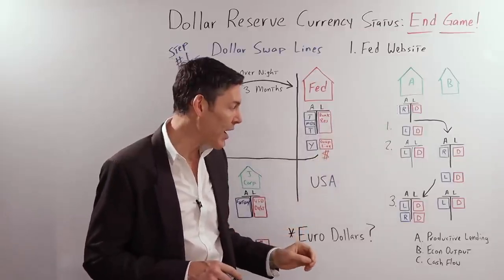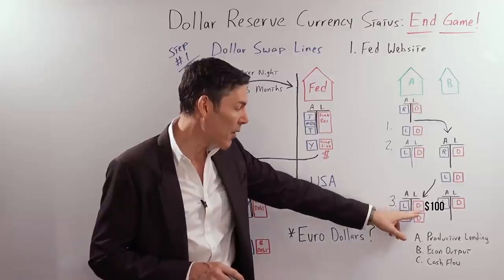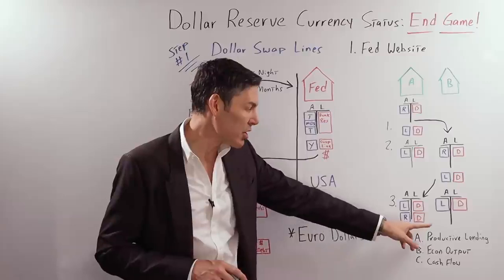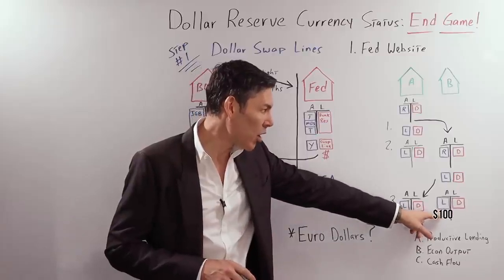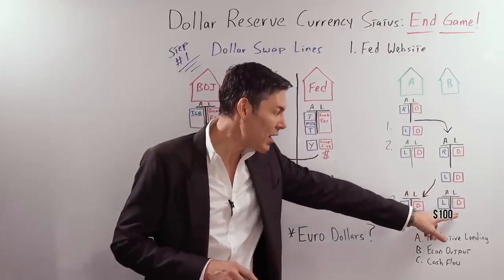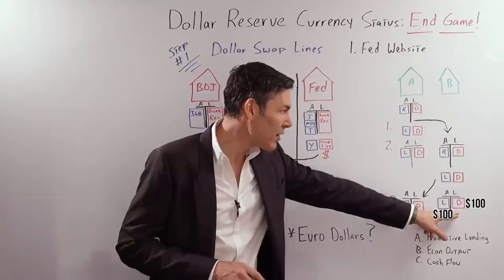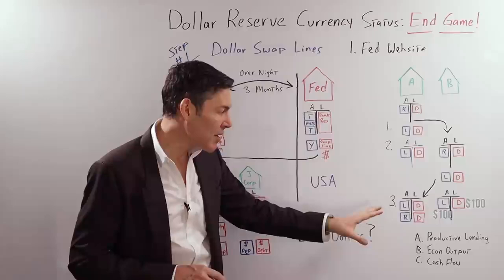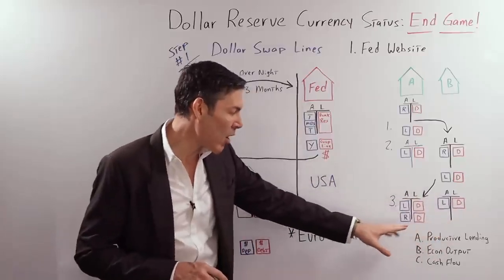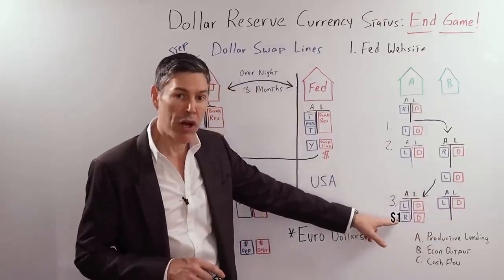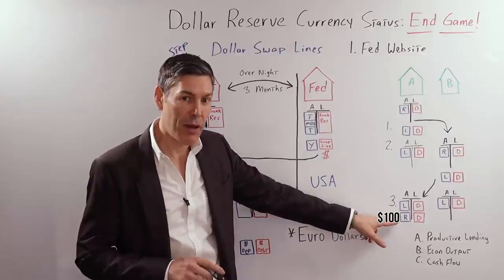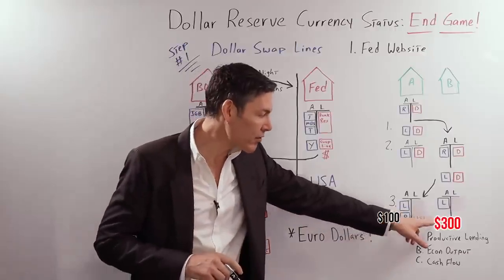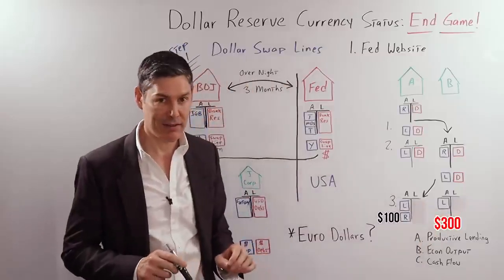On the liability side, they now have a $100 deposit, another $100 deposit, and on Bank B's balance sheet, they have the $100 loan that was created and the $100 deposit they got from Bank A in this step. So the entire banking system now has the original $100 in reserves, but it has $300 in deposits.